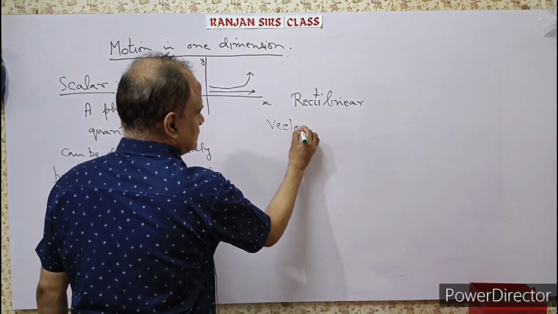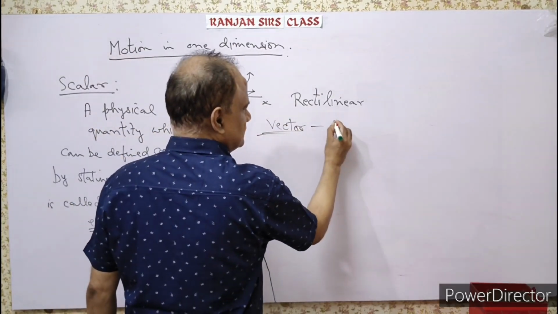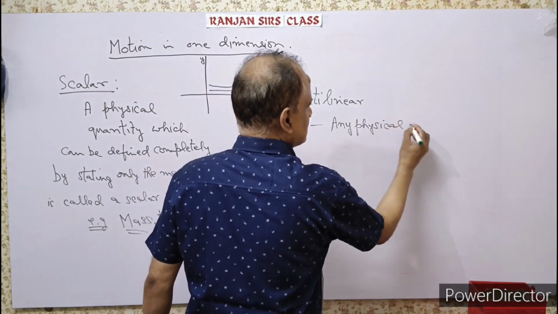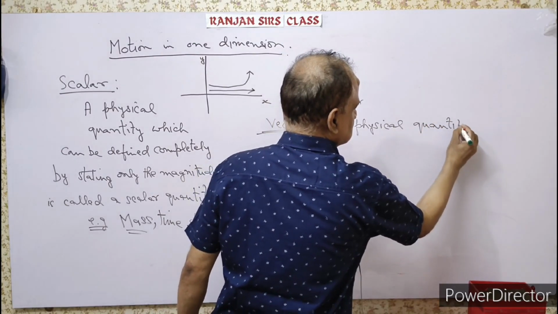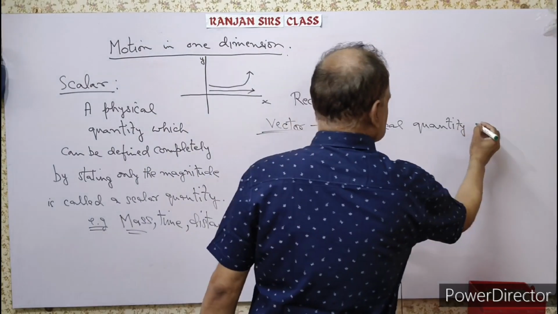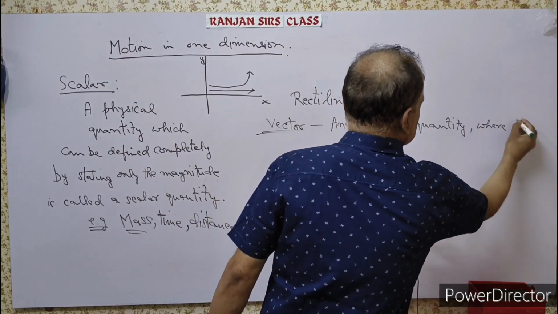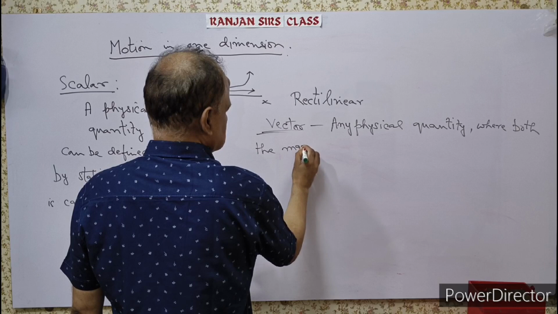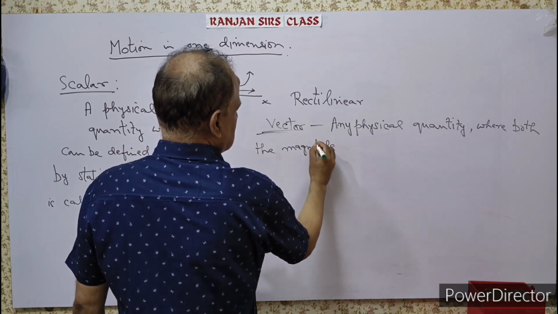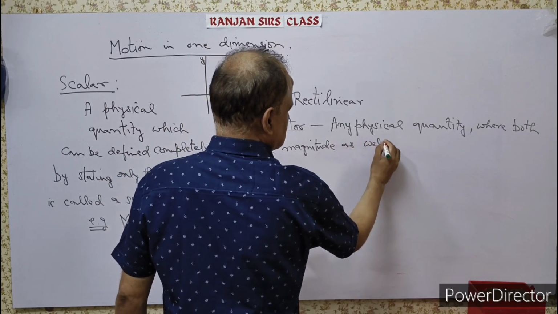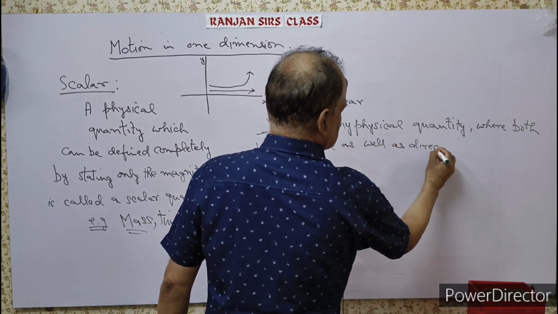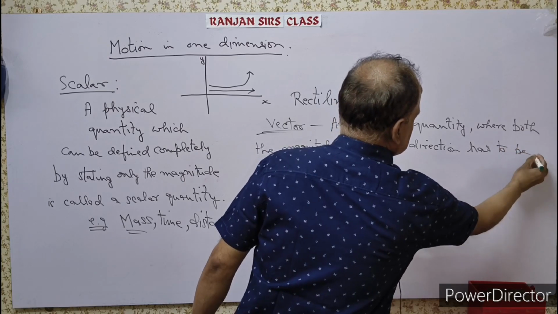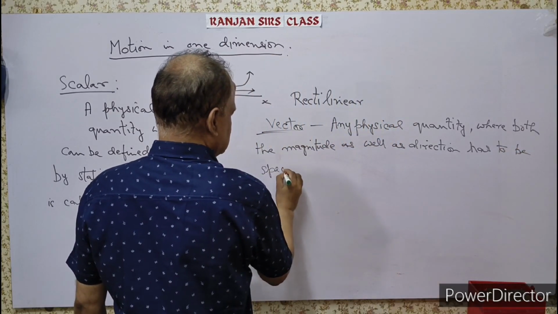Okay, now let us come to a vector quantity. What is a vector? Okay, so write down any physical quantity where both the magnitude as well as direction has to be specified is called a vector quantity.